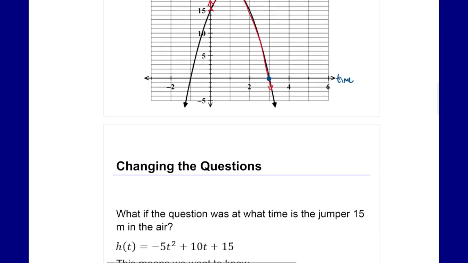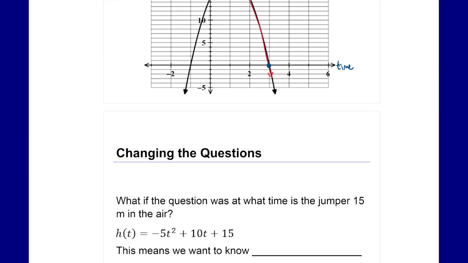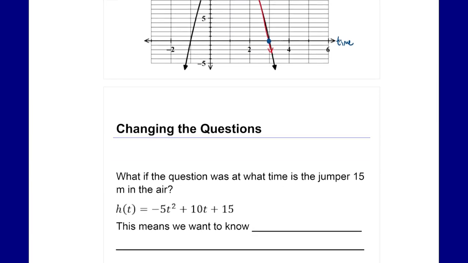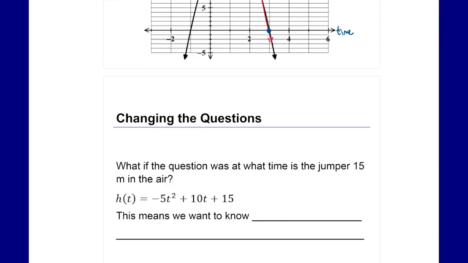Now, what if the question was: at what time is the jumper 15 meters in the air? Essentially, we want to know for what value of t the function equals 15.